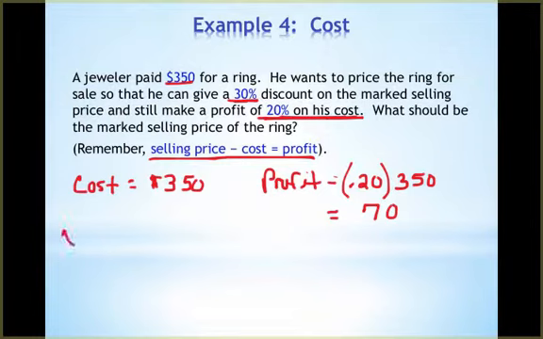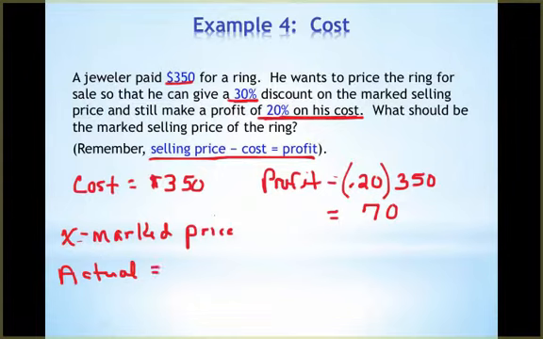Well, let's let X be the marked price. The marked selling price. Now the actual price he's going to sell it for is going to be the original price minus 30% of that price. So it's his original marked price minus the 30% of that.